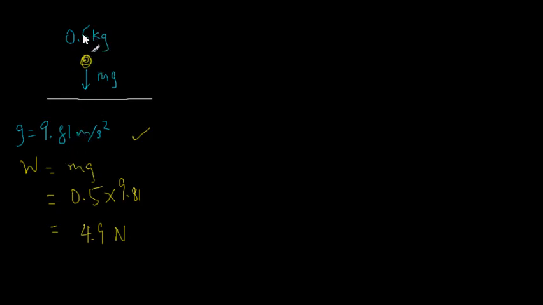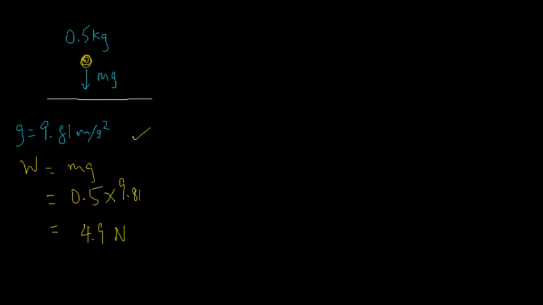If I have a 2 kilogram mass, I'll multiply 2 by 9.81. 3 kilogram mass, 3 times 9.81. So this means that I can think about 9.81 as the force on every kilogram of the mass.